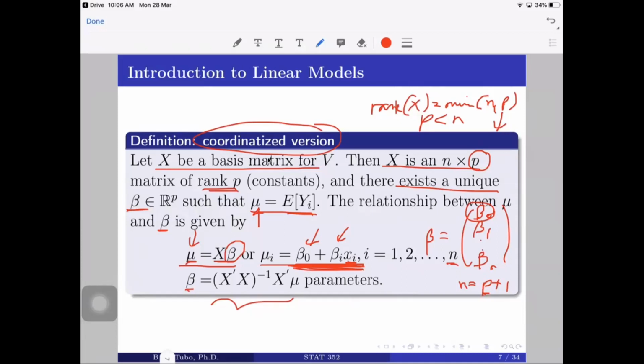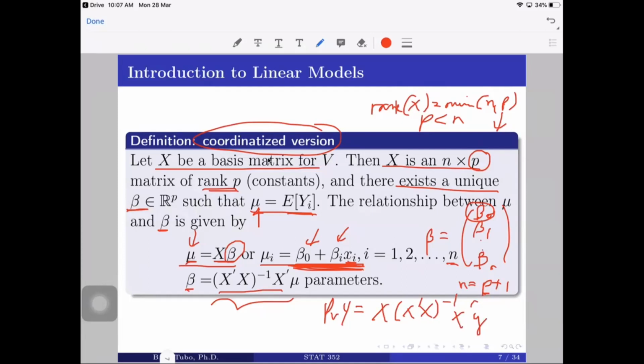So if you recall, for a generic projection, wherein you do not consider an orthonormal basis matrix X, the projection onto Y is actually (X'X) inverse X'Y.